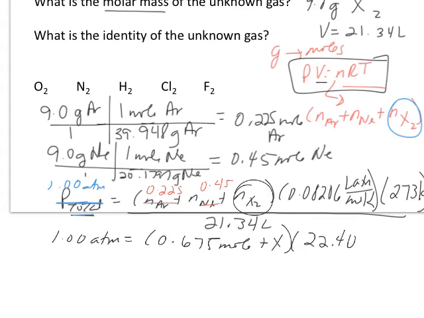Keep your units, see the Kelvin will cancel out, so you get liters times atmospheres divided by mole. Did I already take in the volume? Wait a minute. So 0.08206 times 273, and then we divide that by 21.34 liters.